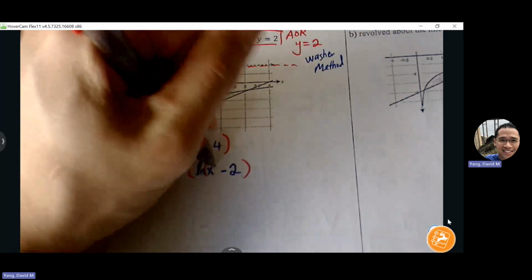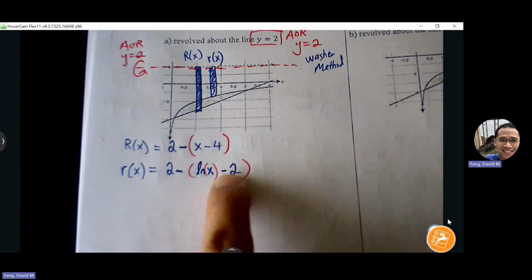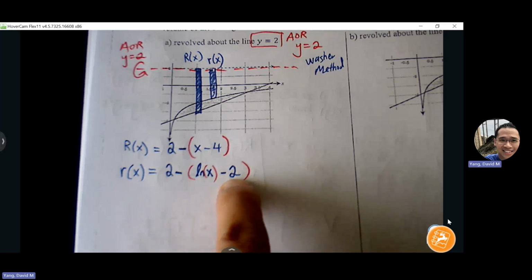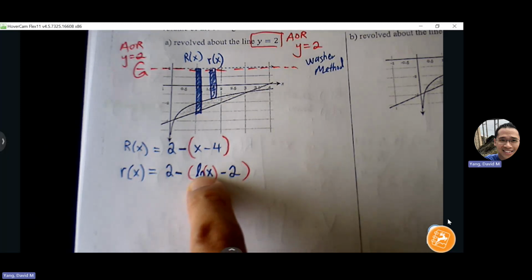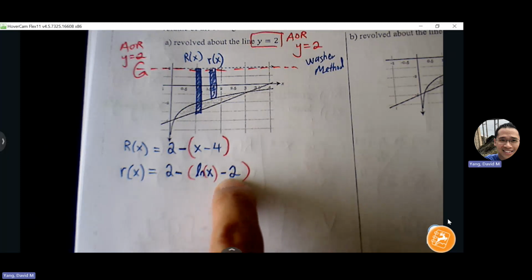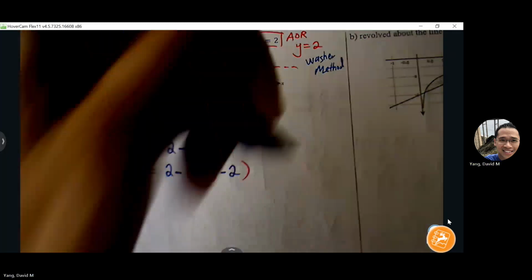Make sure that you don't wait until the -2 to close off that parentheses, because the 2 is not inside the natural log. It's natural log of x, and then it's shifted down 2. So I want to make sure that we see that.